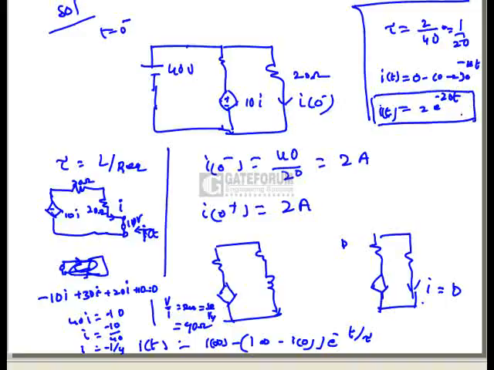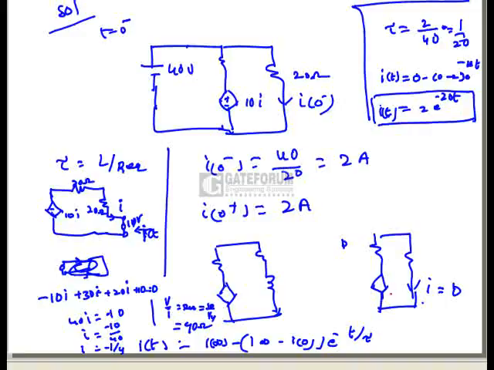In this way we have to find out. Here the first important thing is at t equal to 0 minus we have to find out the current, and then that current is nothing but the t equal to 0 plus current, because the inductor does not allow sudden changes in current. And again we have to find out the infinite value of the current. Right, at infinity what is the current? At infinity, if you draw the circuit, there is no dependent voltage source in the network.